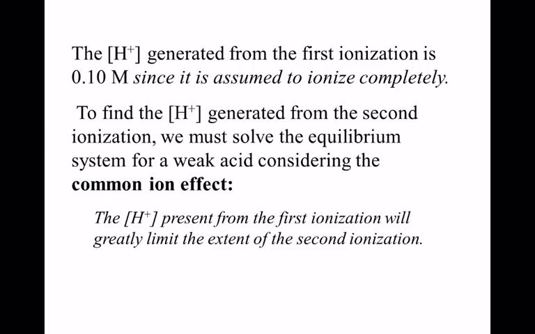These two, this is 0.10, this is 0.10. They cancel. So in this scenario, X is equal to 0.011. That's it. That makes sense if you're dividing by the same number.